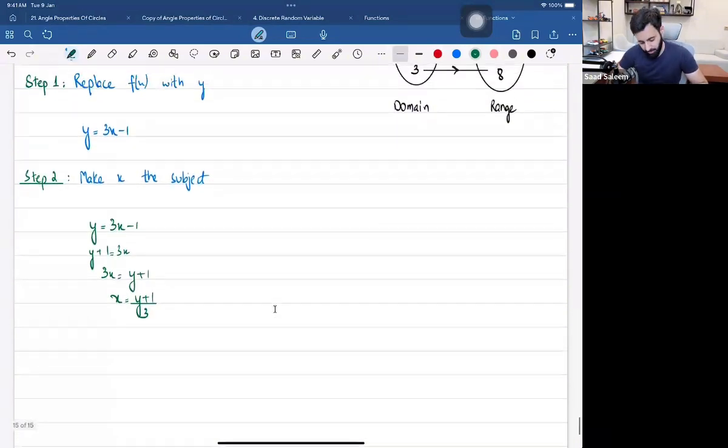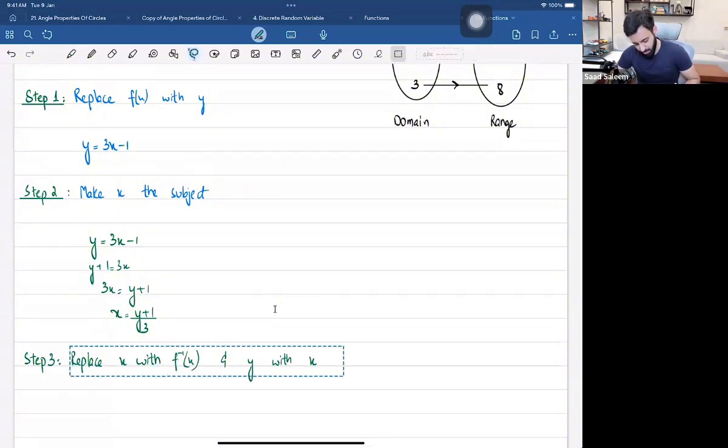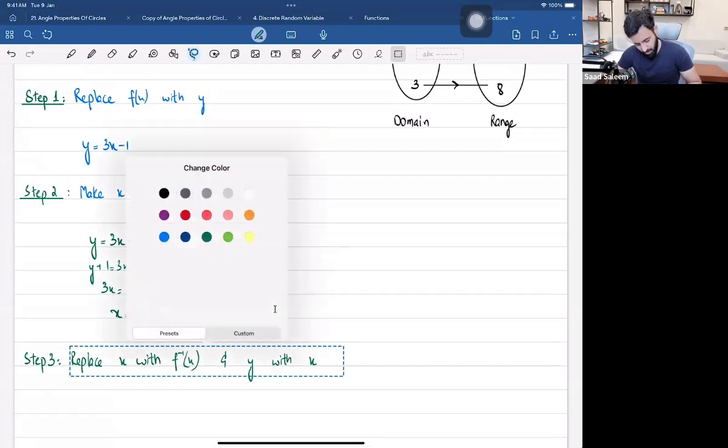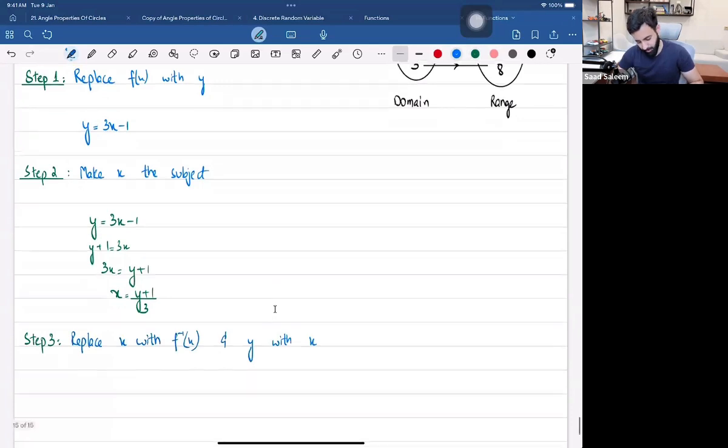Then comes step 3. So what's step 3? Step 3 is just a formality, really. So step 3 is that you replace x with f inverse of x and y with x. So let's do that step as well.